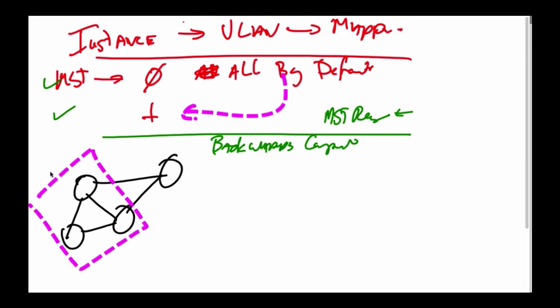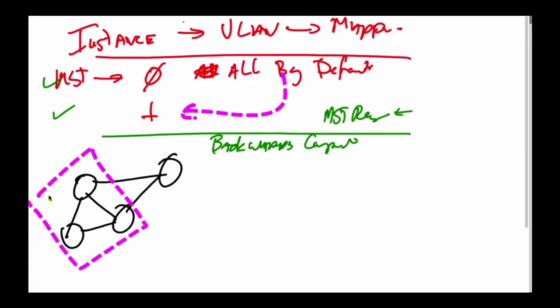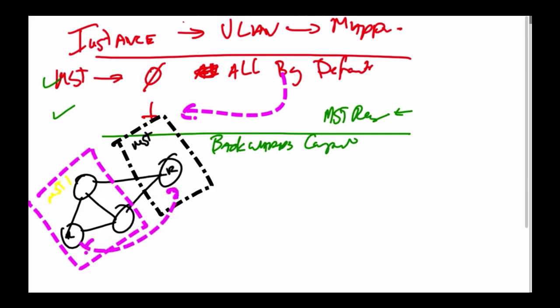These devices are in one MST region, let's say MST1, and this device is in MST2. That's one way we can communicate. Remember, we elect a root bridge and communicate with the other root bridge. All of our data is going to move between these 2 devices, and this entire area is going to pretend that it's one virtual switch.